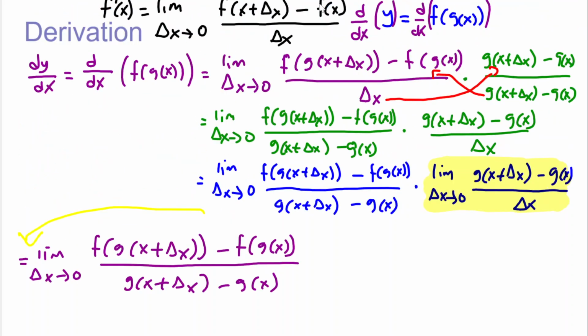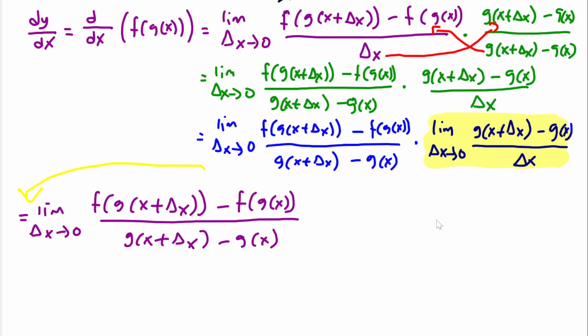Hopefully this makes sense from the last 3 videos. This will be times, instead of f prime of x, this is in terms of g, right? g of x plus delta x minus g of x over delta x. This is in terms of g, so this is going to be times g prime of x, because this limit right here is the same as g prime of x.